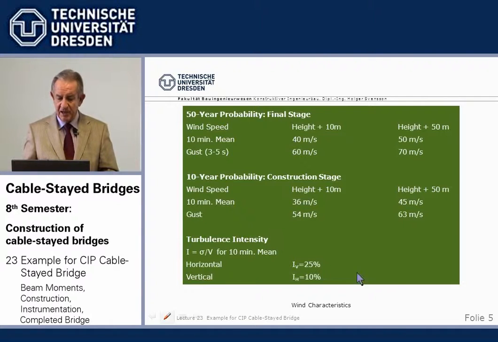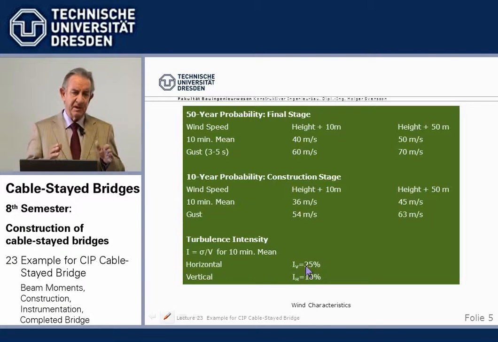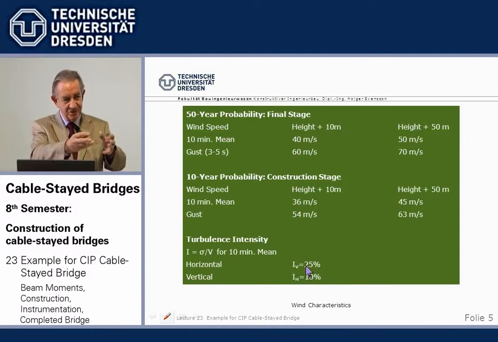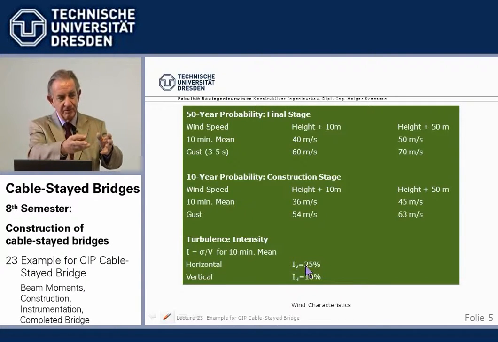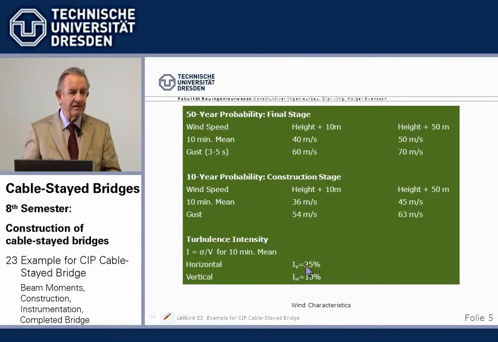Now here we have 25% turbulency, which is unknown, so we have a very strongly fluctuating wind, which comes, in actual fact, in the direction of the main wind speed. There is a mountain range called the Seven Sisters. There are 7 peaks, and with the wind blowing over these peaks, that causes the heavy turbulency.